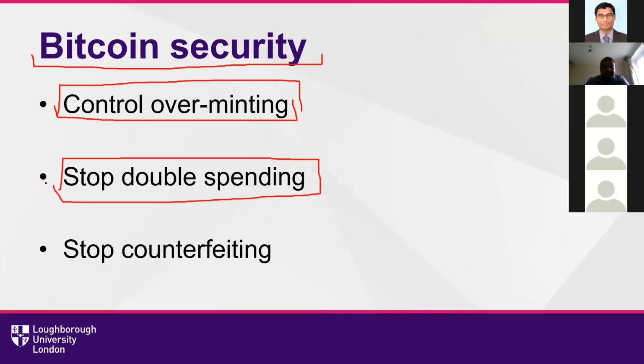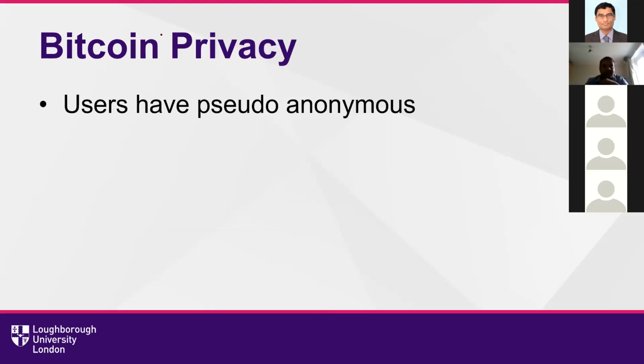Even though it's digital, you can't give the same currency to two places or 1,000 places. You can give it to only one place. And counterfeiting is also not possible. You can't print a currency similar to the currency somebody else has. These are the beautiful properties of Bitcoin.